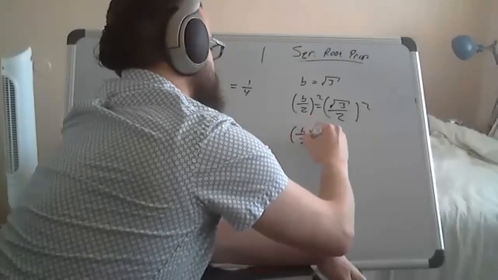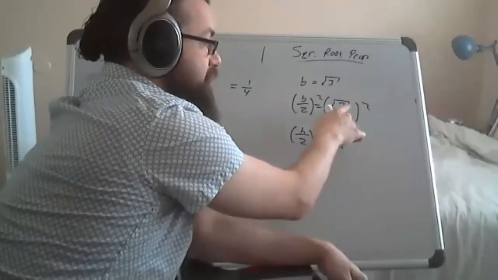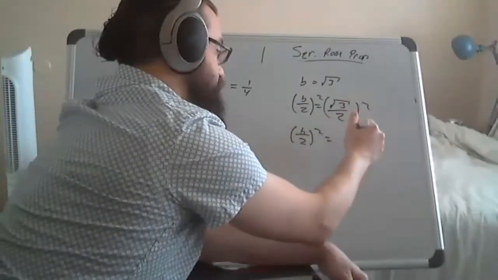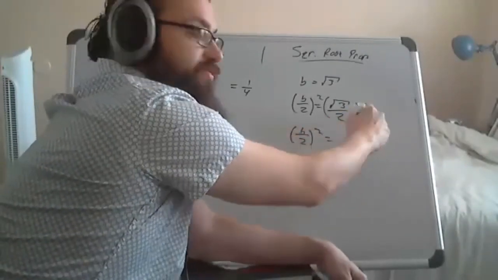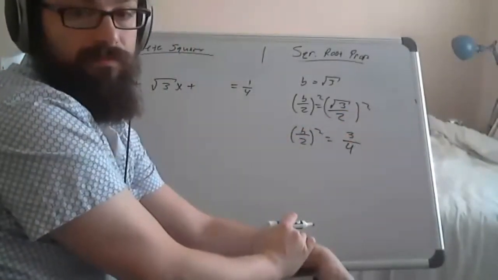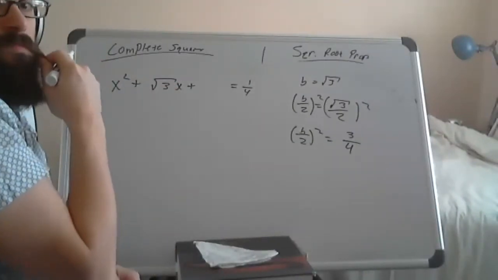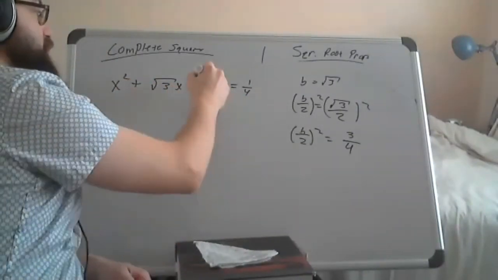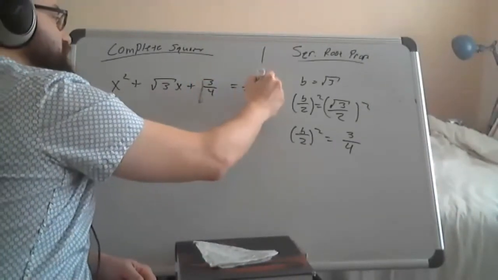So b over 2 squared equals this whole thing being squared, so square root of 3 squared, which is 3, divided by 2 squared, which is 4. So let's add a 3/4 to both sides.